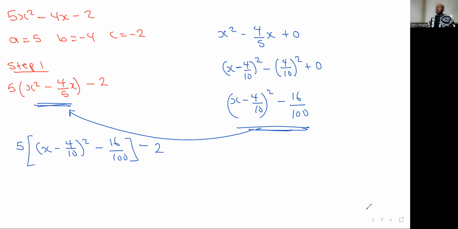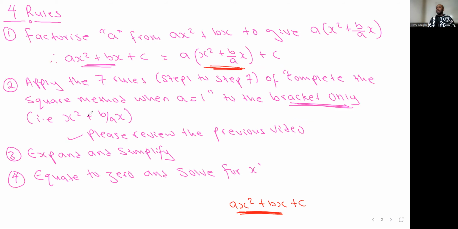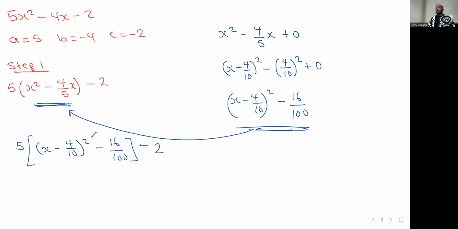Step 2 said we have to expand and simplify. So we're going to expand now. We're going to multiply. So it's going to be 5 multiplying this. This is step 3. We've done step 2.